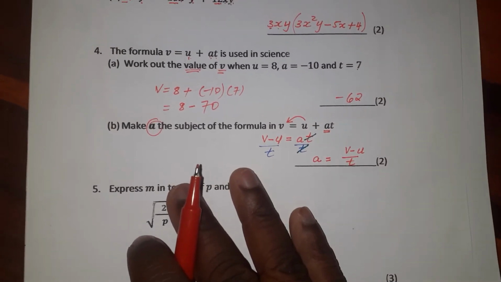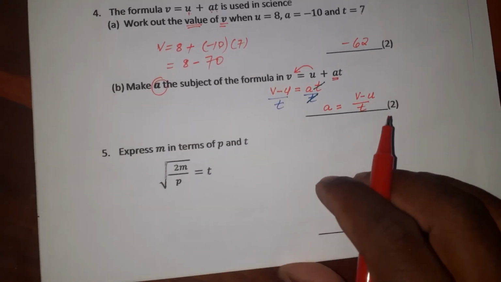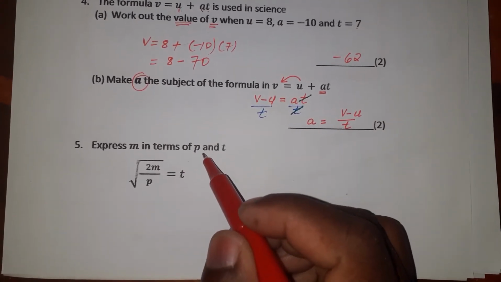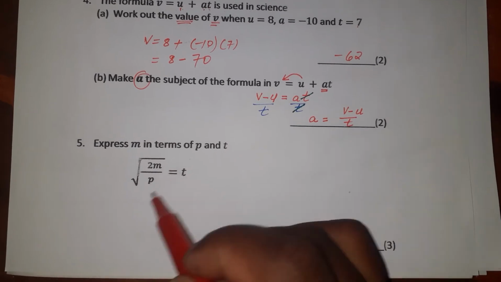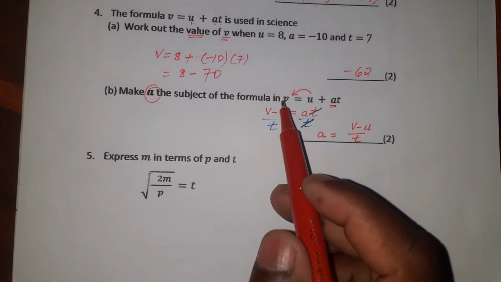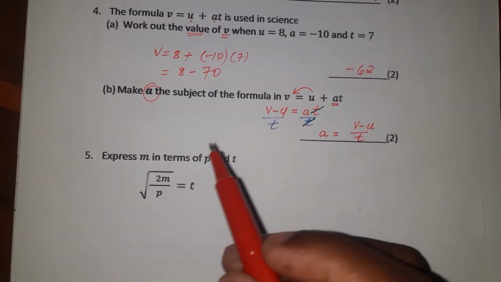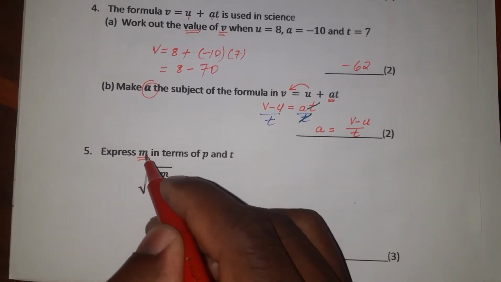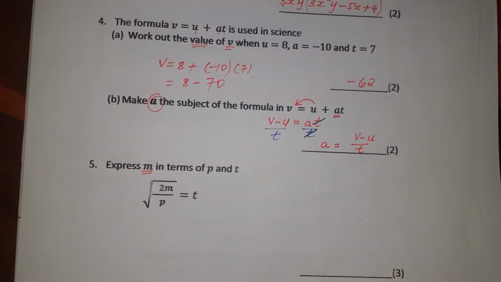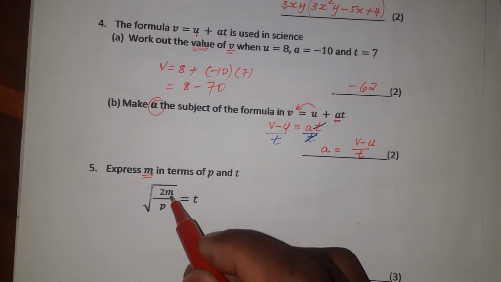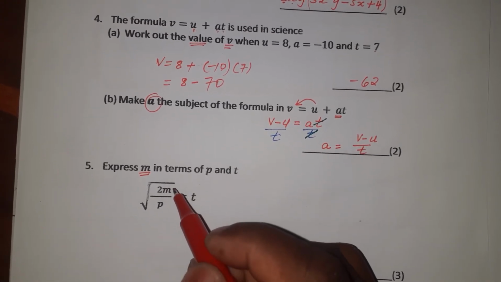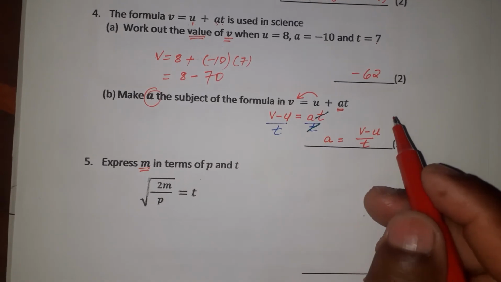And we also have to express m in terms of p and t. This question means the same thing as what we have in number 4, letter B. It means we have to write m as the subject of the formula. Now, since our m is under the square root, it means first we have to get rid of the square root.